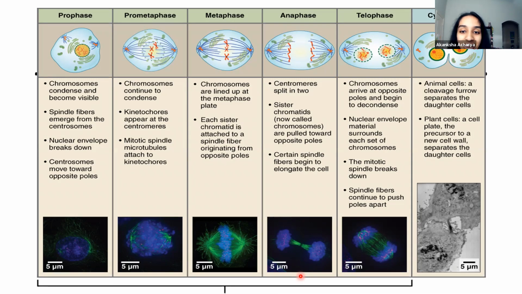Oh yeah, there we go. Chromosomes are condensing and the nuclear envelope breaks down. Maybe at the end you can take a photo of the screen or write it down as I go. I'll start talking a little slower so you have a little time. So prophase, chromosomes condense, nuclear envelope breaks down.